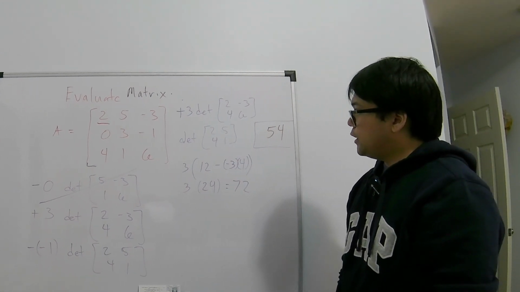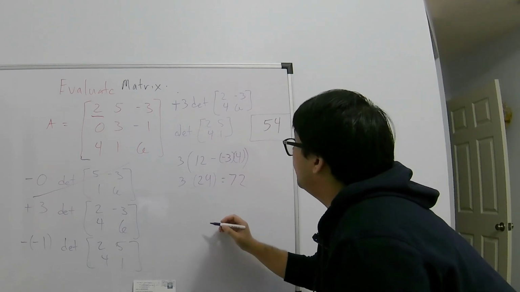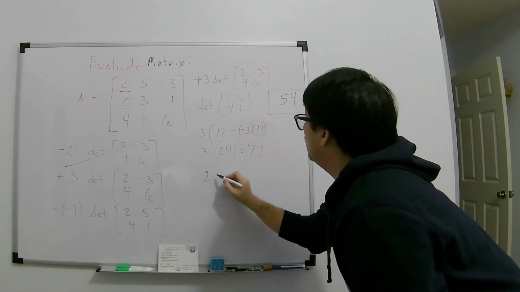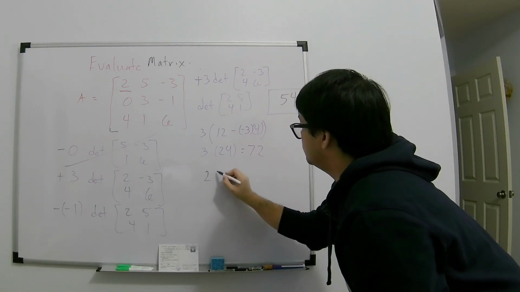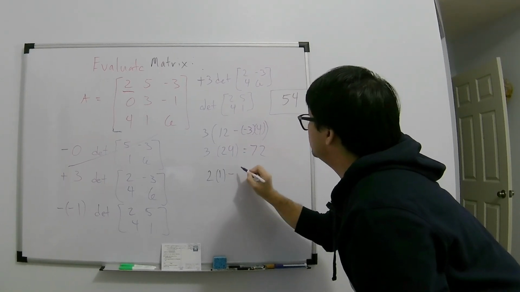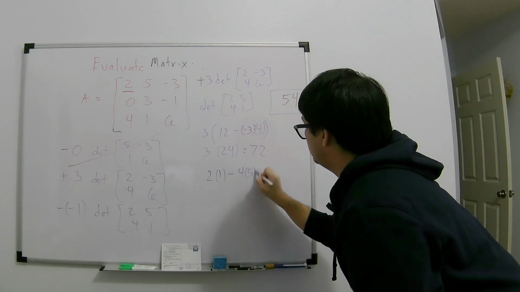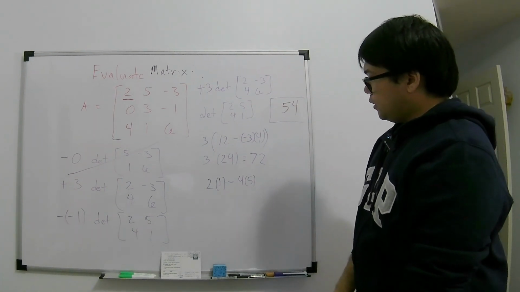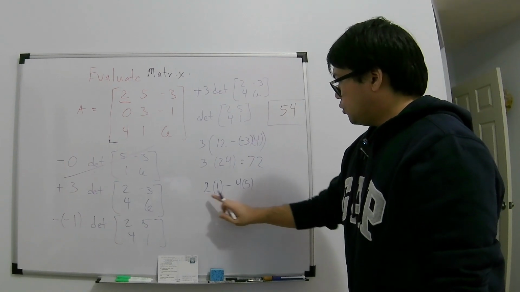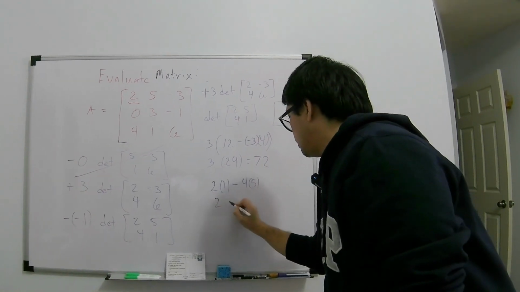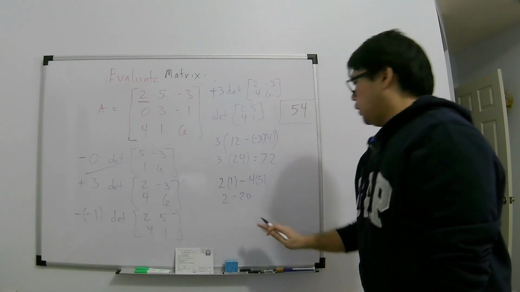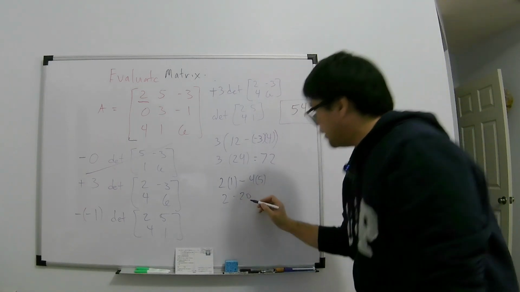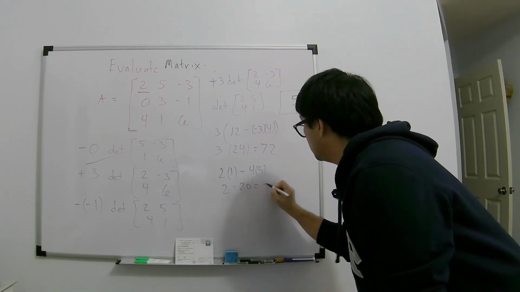And now the determinant of this. So the determinant of this is just 2 times 1 is 2 minus 4 times 5. Okay. So now what we have here is 2 minus 20. And so that would give us the final result here of negative 18.